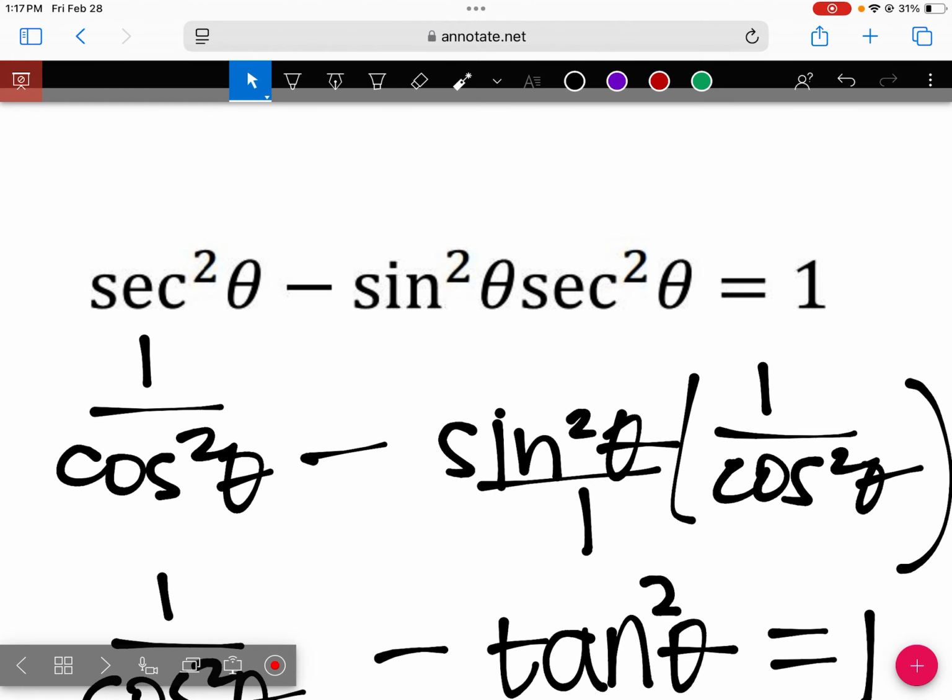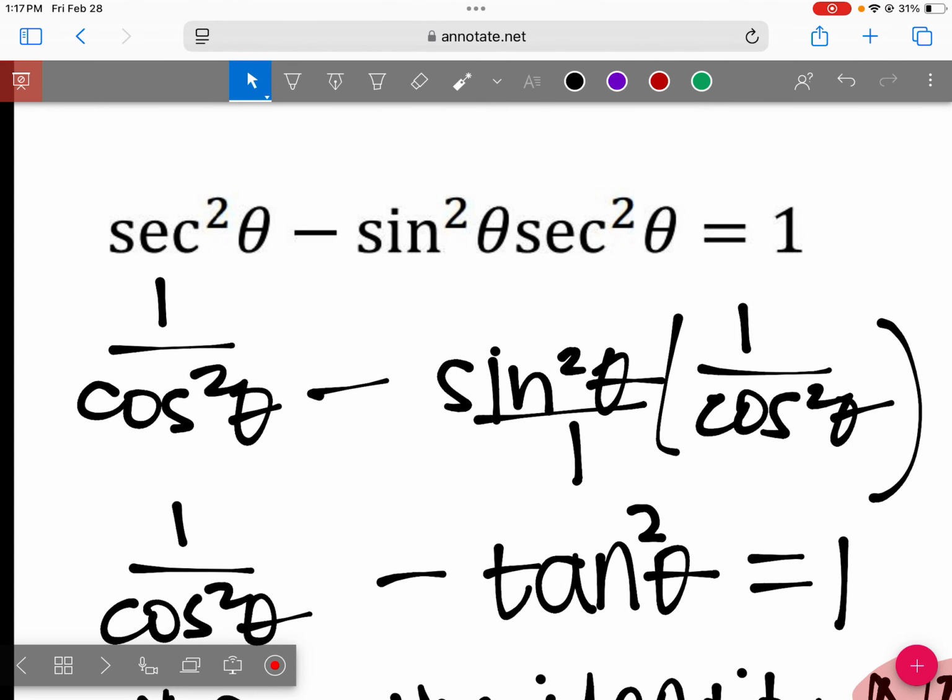So I moved on, and I had a 1 over cosine squared minus tangent squared. Now, this is one of those things that as you're getting more comfortable with it, you might not be able to see, but I knew that secant squared and tangent squared were an identity. So I could have just stopped there if you say this is an identity.